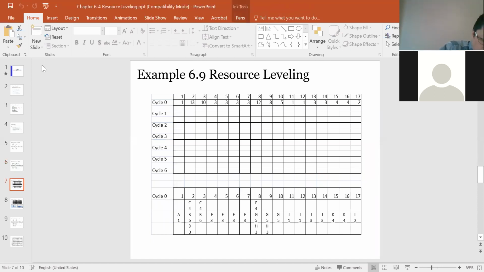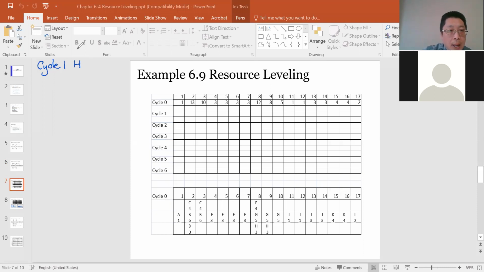In my cycle 1, my second one, I'm going to analyze H. So how many days can H be shifted? 7.